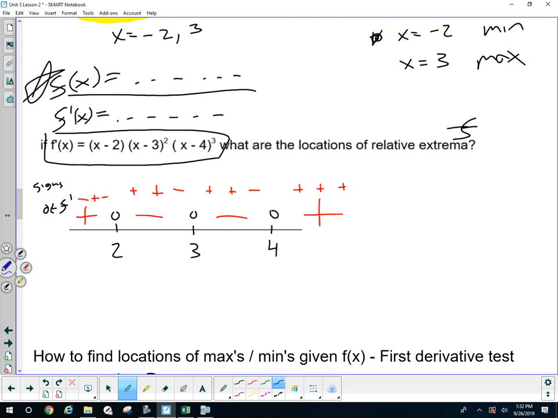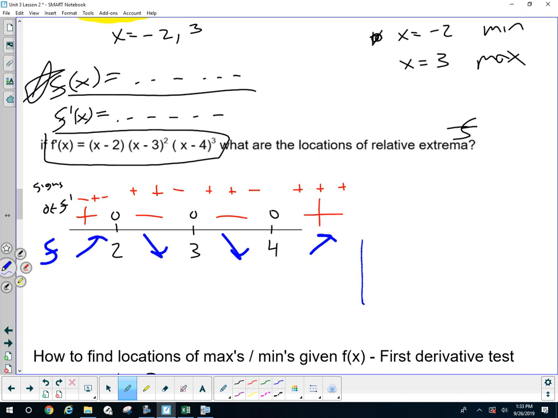This is telling me f's behavior. f must be going up, then down, then down, then up. What? Can that be? Yes.